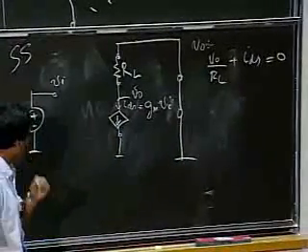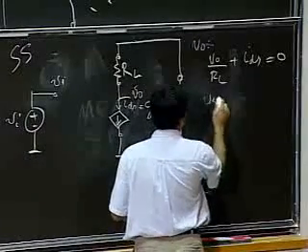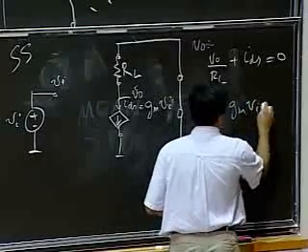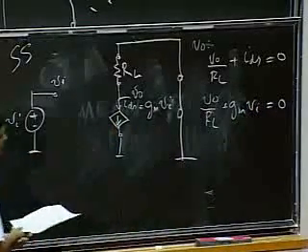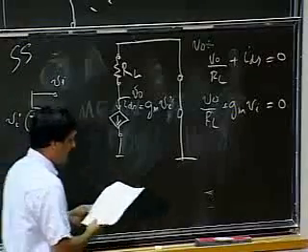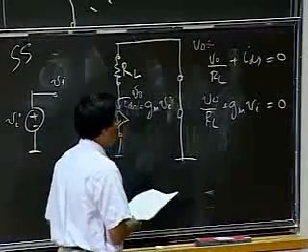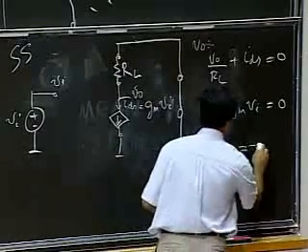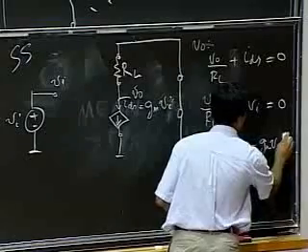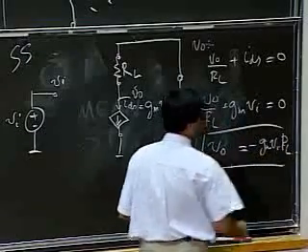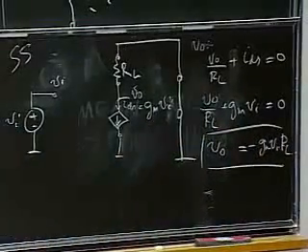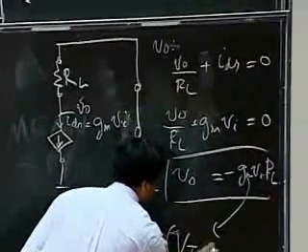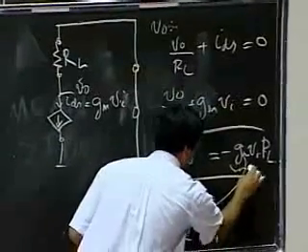That's my good old node method here. And I know that IDS is simply GM vi, so vo over RL plus GM vi equals 0. Okay? So right there, I have the relationship between vo and vi. So vo is simply minus GM vi RL. And remember, GM was simply K times (VI minus VT).